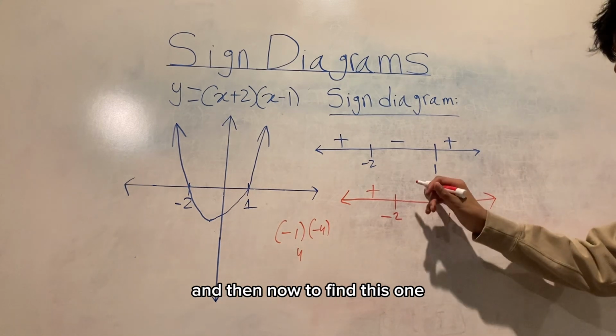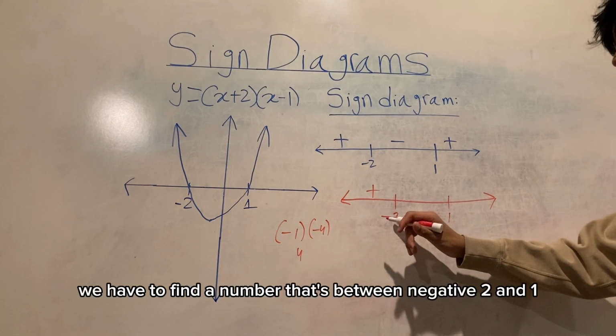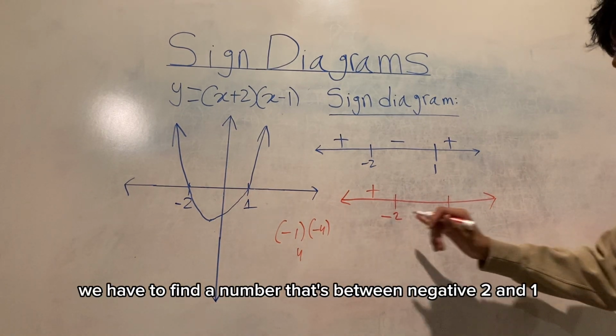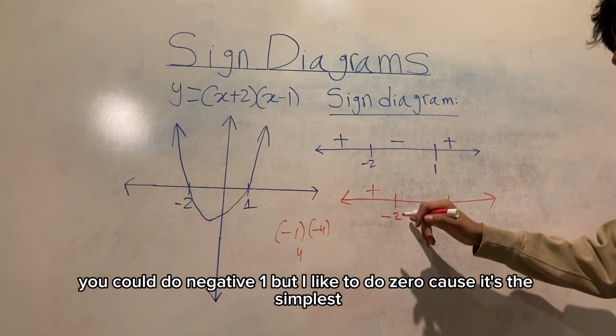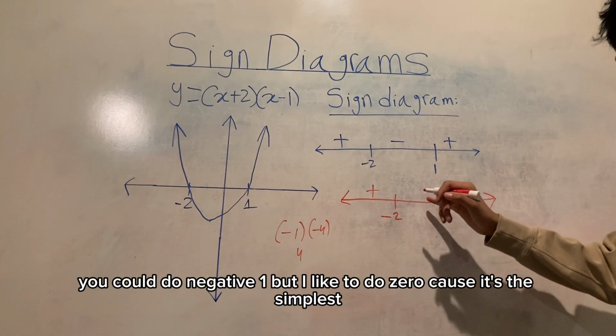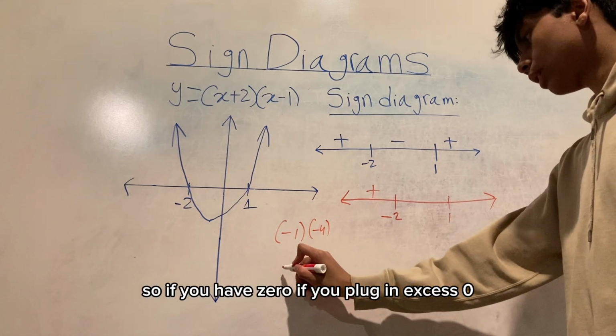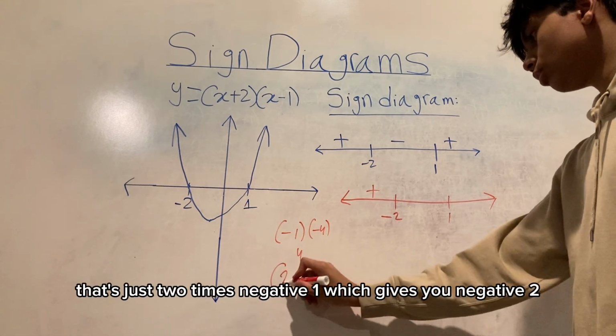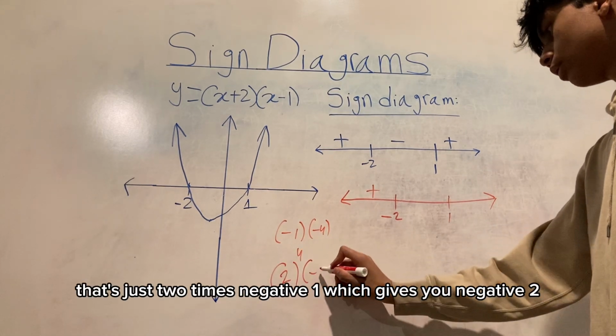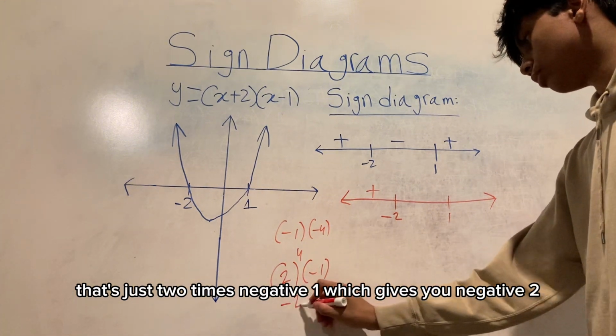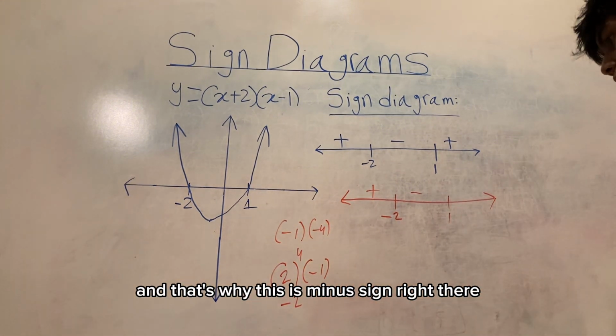And then now to find this one, we have to find a number that's between -2 and 1. You could do -1, but I like to do 0 because it's the simplest. So if you plug in x as 0, that's just 2 times -1, which gives you -2. And that's why this is a minus sign right there.